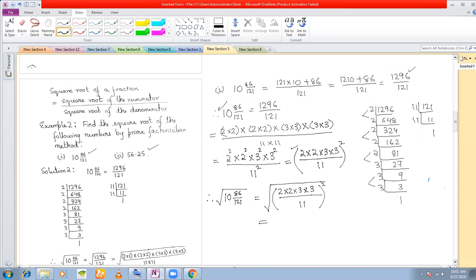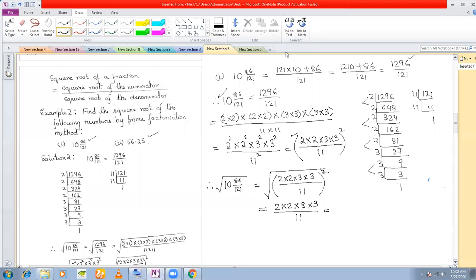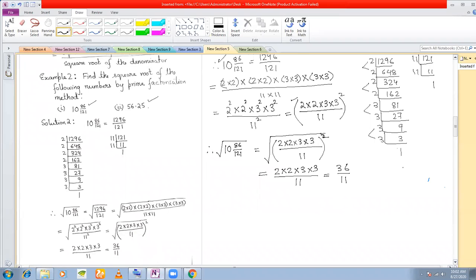We have all multiplication signs under the radical and a square here. So therefore, the square will be removed. So only we have 2 into 2 into 3 into 3 divided by 11, which is 6 into 6, 4 into 9, 36 by 11. Okay, so this is your answer.